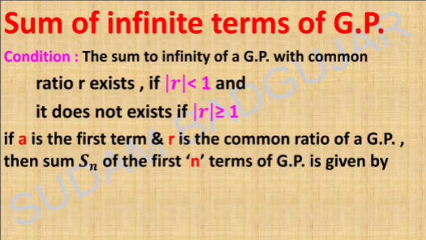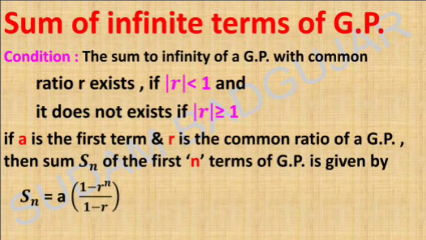If A is the first term and R is the common ratio of a GP, then the sum Sn of the first n terms of GP is given by Sn is equal to A into bracket 1 minus R raised to n upon 1 minus R. Okay, we consider the condition that the absolute value of R is less than 1. If R is less than 1, then we apply this formula.